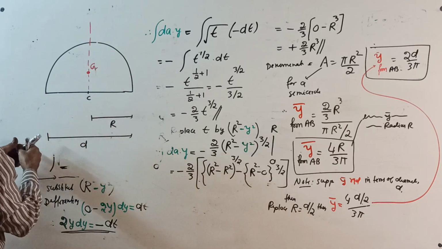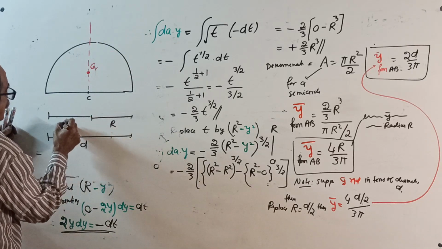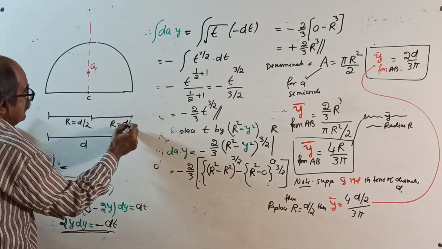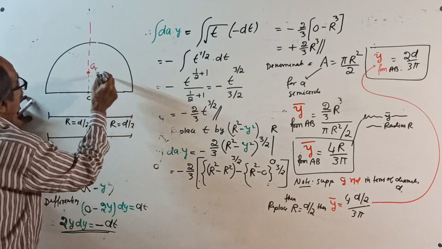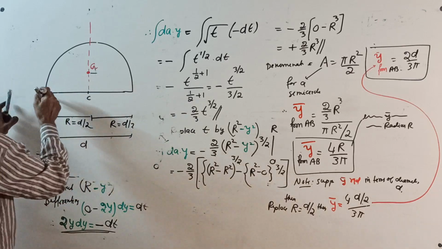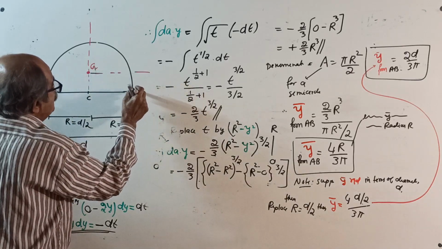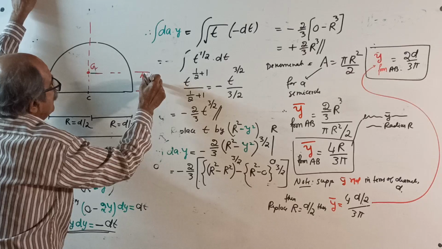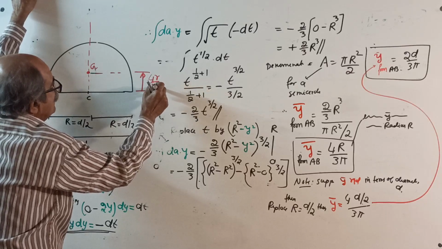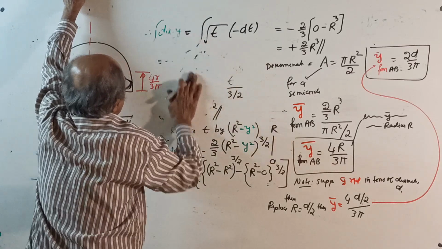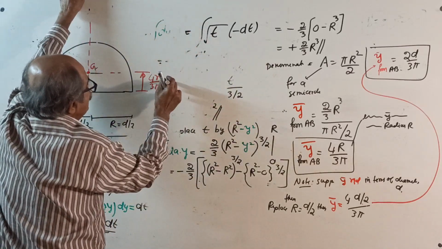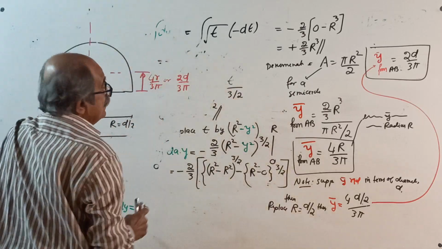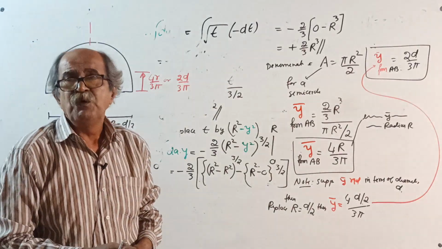So this is r, means this also r. Either you write r or d by 2 and d by 2. And this distance, your y bar, is 4r by 3 pi, or you can tell it is 2d by 3 pi. Both are same. Conclusion of approach 1 for semicircle.